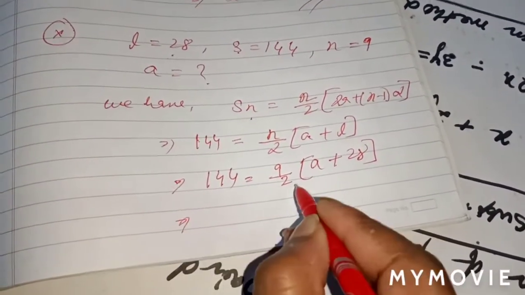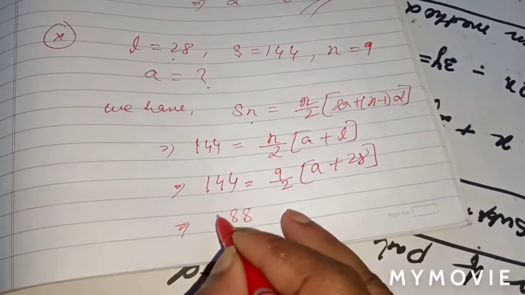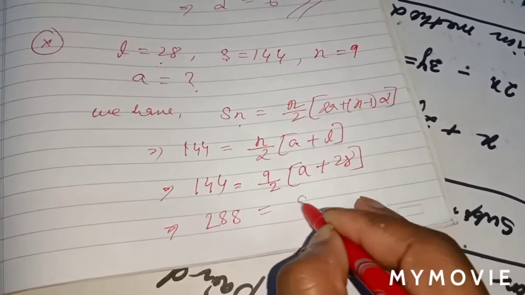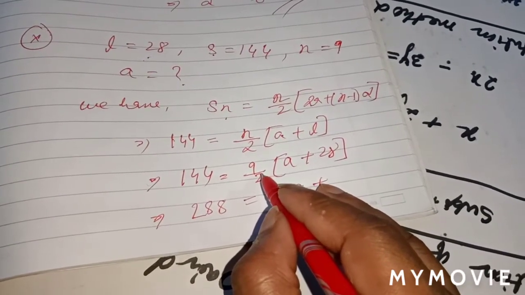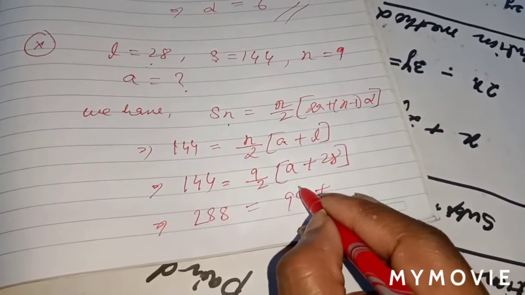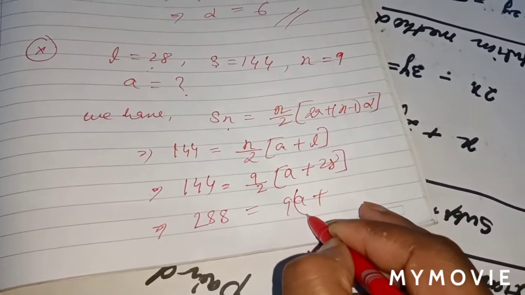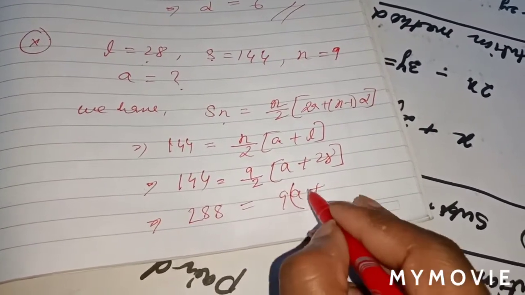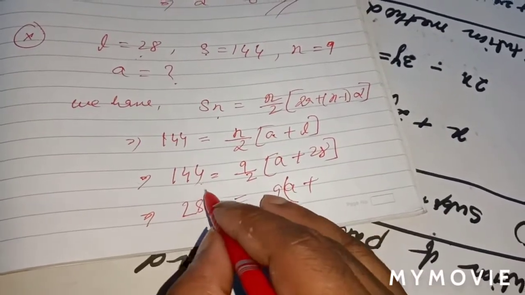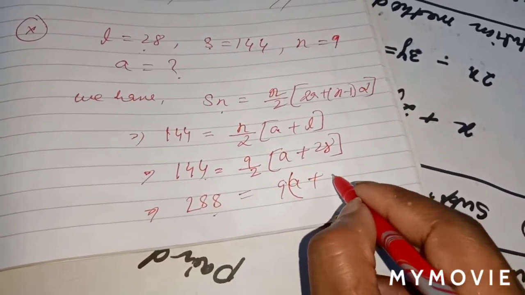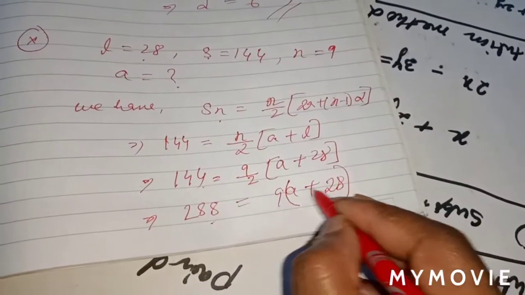144. You can do it like that. No need to multiply 9 with this. First, if you cross multiply, 2 multiplied by 144 you get 288. Then on the other side, 9 into A plus 28.